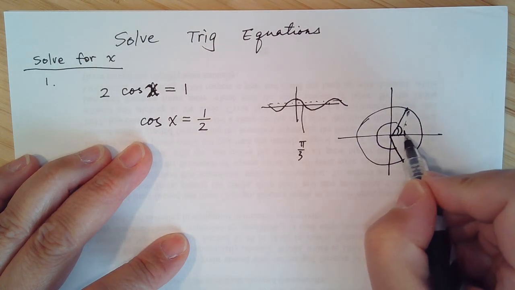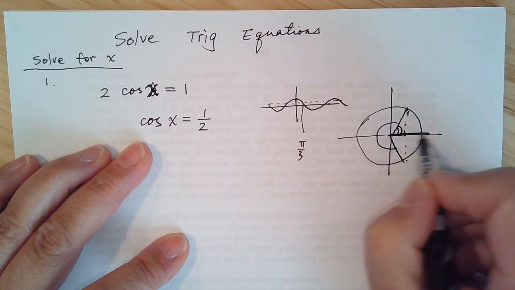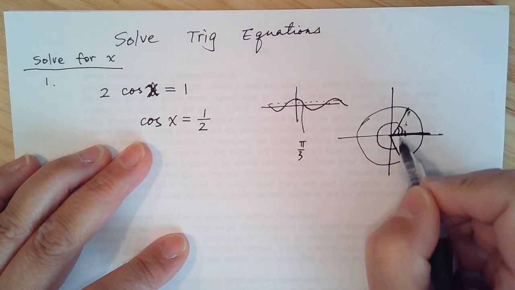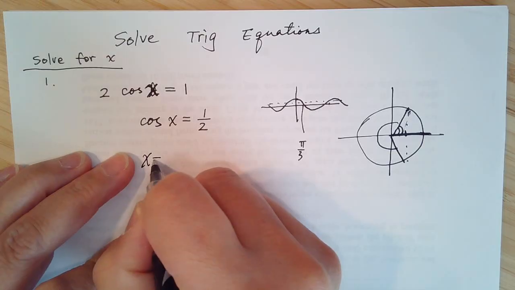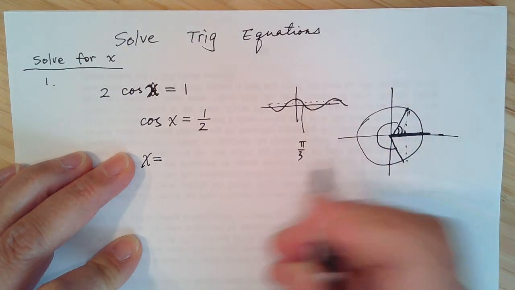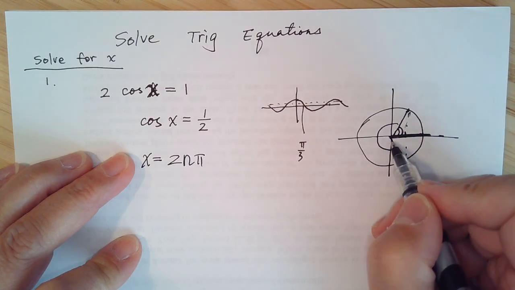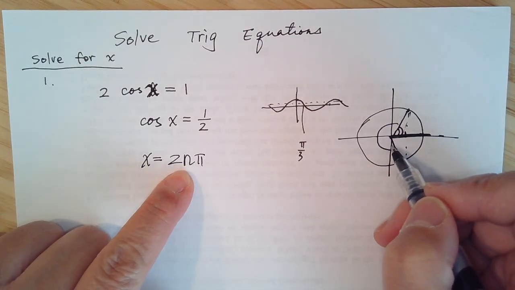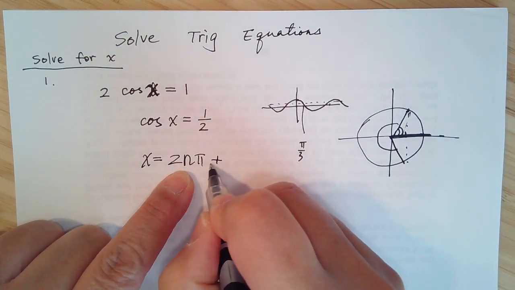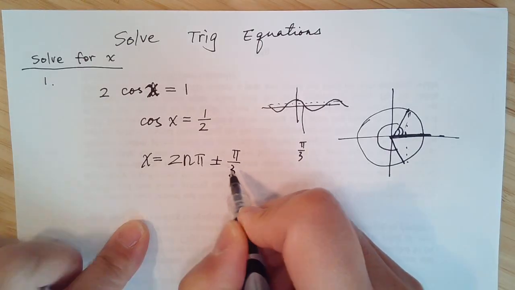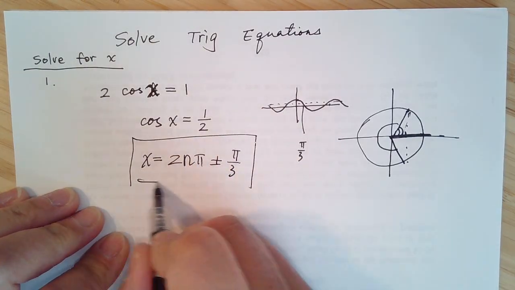So basically your answer will be anything starting from here, go up or down by pi over 3. So my x will be 2n pi, where n is an integer, plus minus pi over 3. This is your answer.